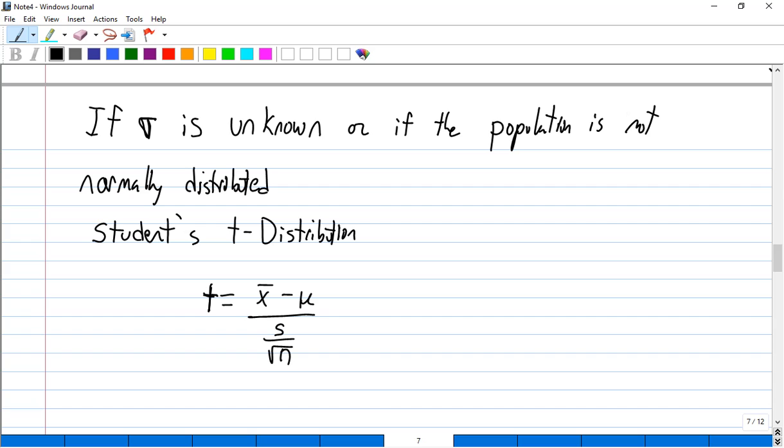So that would mean that I would have to use a T distribution if I don't know the population standard deviation, or a student's T distribution. So it's like the normal distribution. It's symmetrical. It's bell-shaped. But the tails on each end, like where it comes down on each end, it's a little bit thicker than a normal distribution.